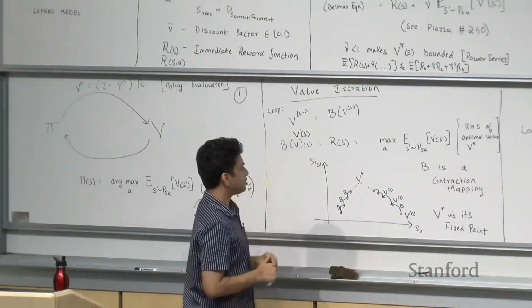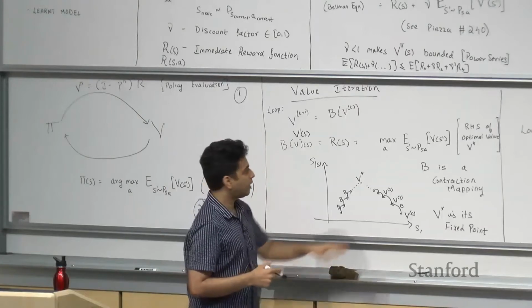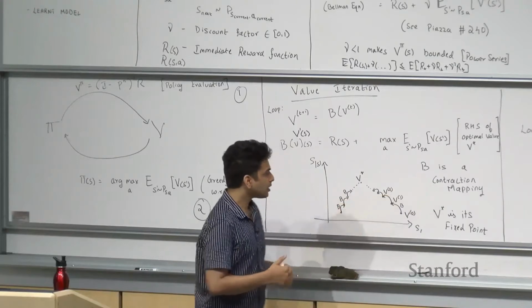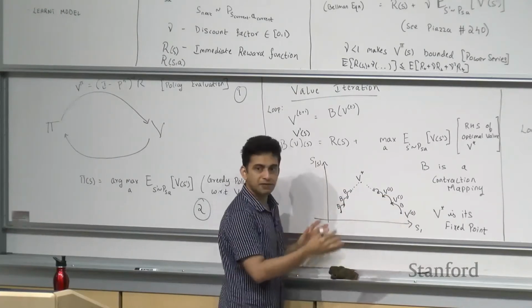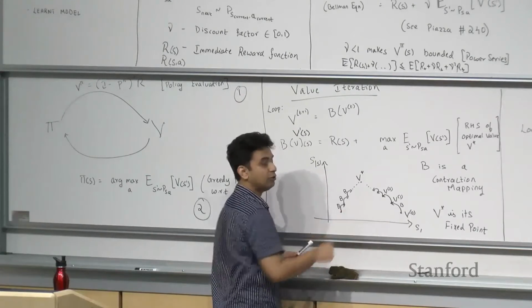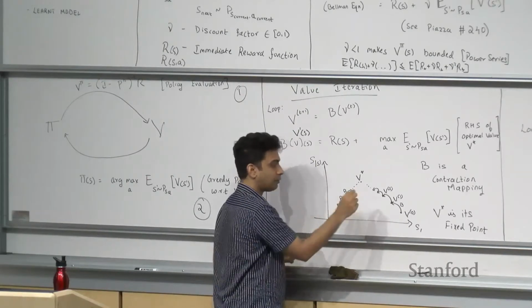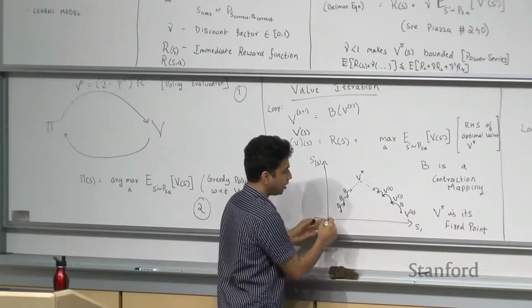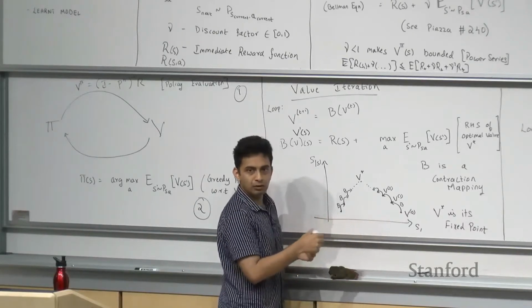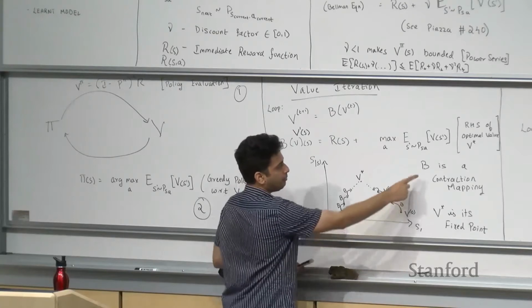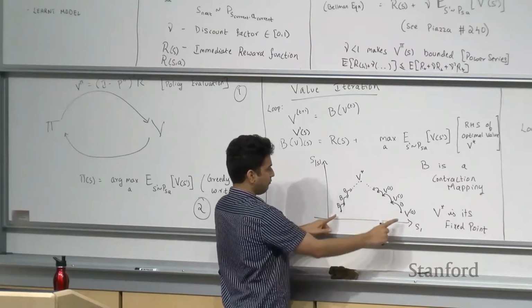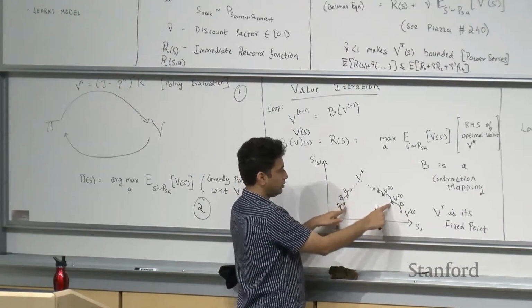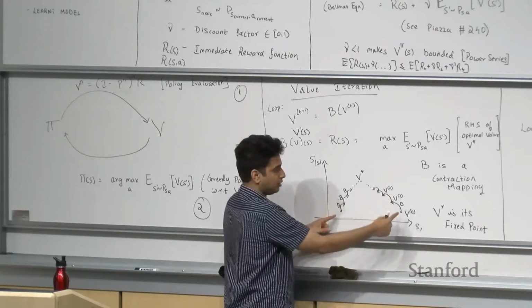And the reason why this converges, we saw, is that it is possible to show that this Bellman backup operator is what is called a contraction mapping. If we imagine the space of functions, a functional space, where each point represents an entire value function, and the coordinate along a particular axis is the value of the value function at that state, then the Bellman backup operator being a contraction mapping means that if we take any two value functions and run them through the Bellman operator, the distance between the outputs will be smaller than the distance between the inputs.